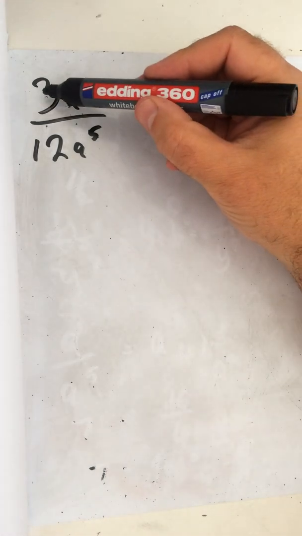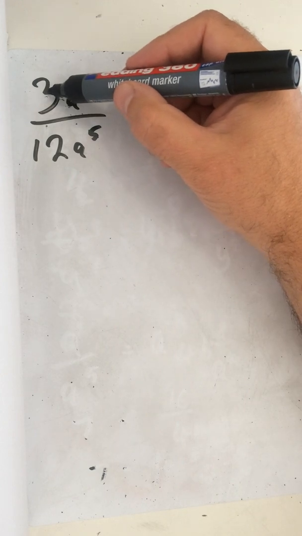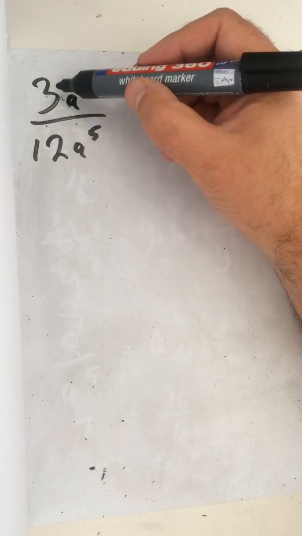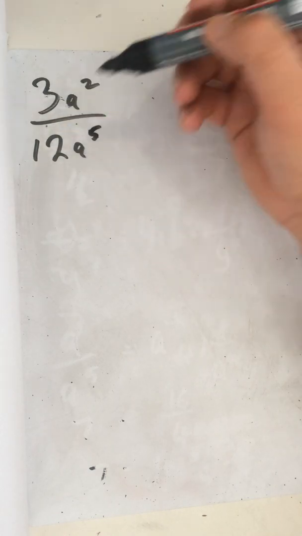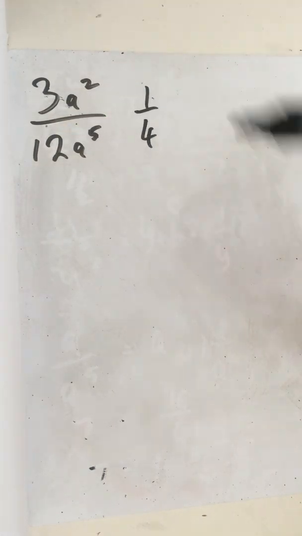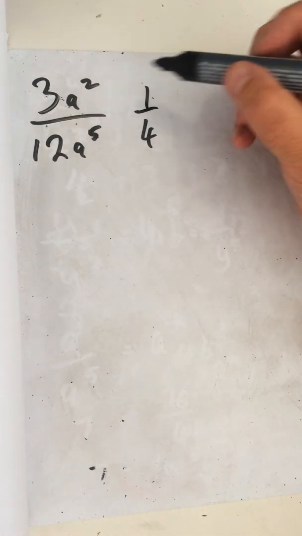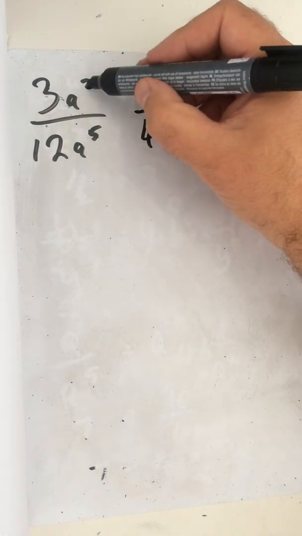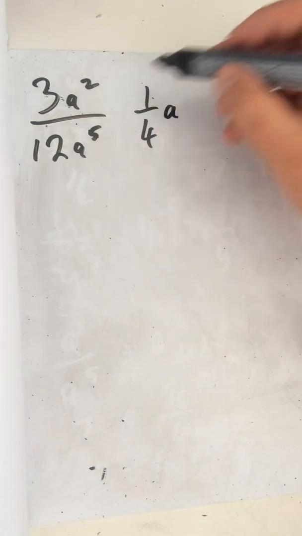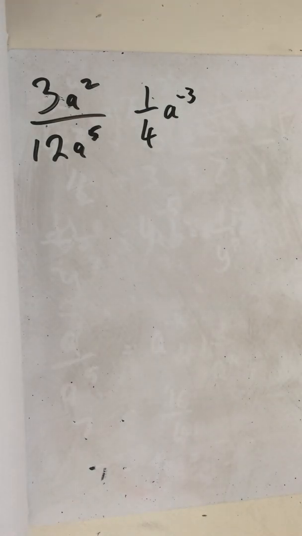So again, same rules apply. We're going to work out this first. This time we're going to simplify this fraction. It's just 3 over 12. We can simplify that to a quarter, can't we? And then we're going to take away the a squared, so we get a to the power of minus 3.